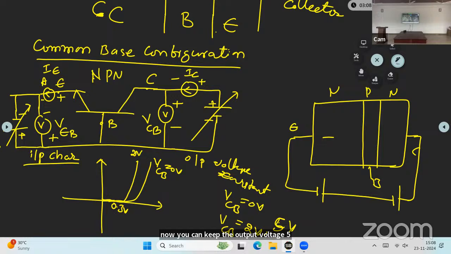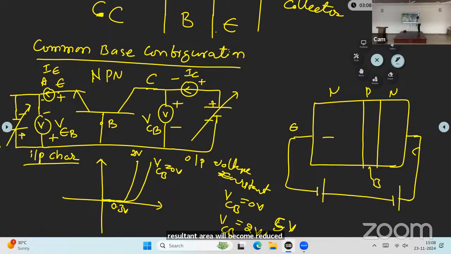If you are increasing the output voltage, the reverse bias, the output junction between the collector and base will increase. The increased reverse junction width is penetrating the base. Now the resultant base area will be reduced.